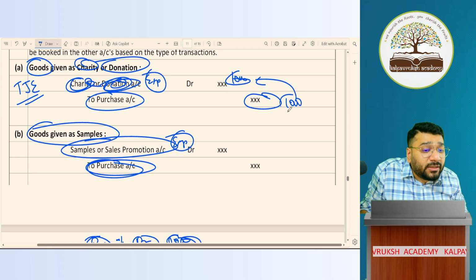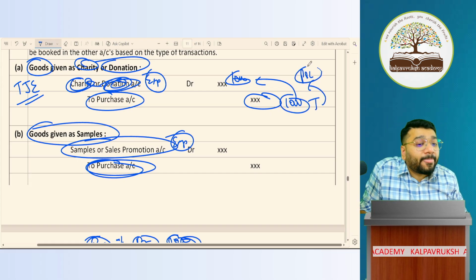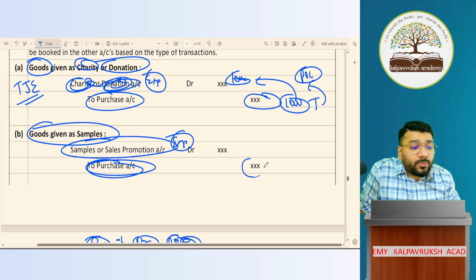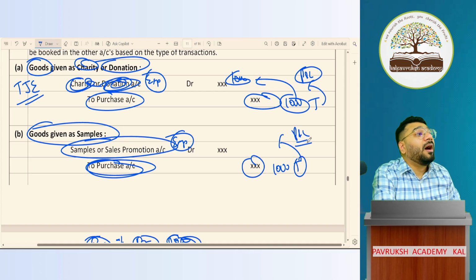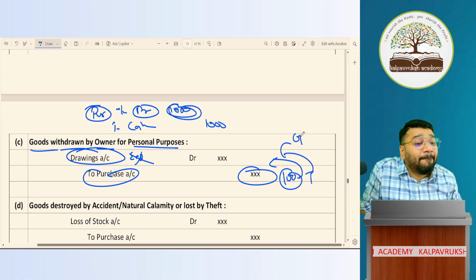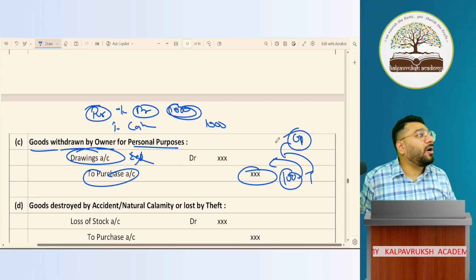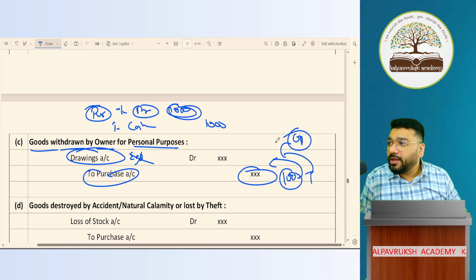Which means this 1,000 worth of purchase, I'm transferring from the trading account to the P&L account. But this 1,000, I'm transferring from the trading account to the capital account, which is a balance sheet item. Got it, not got it? Okay, not okay?